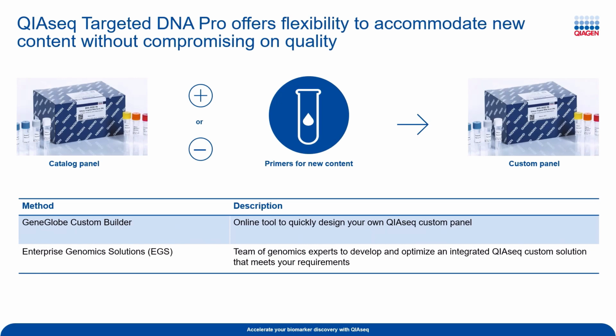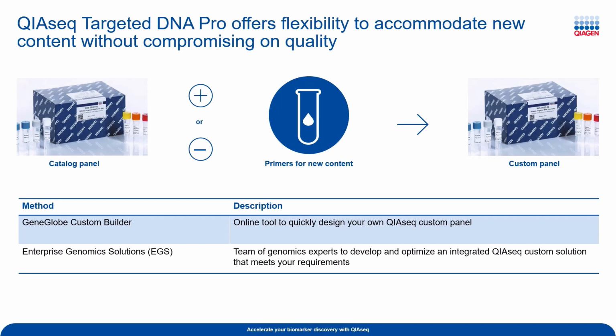QIAGEN Targeted DNA Pro also offers flexibility to accommodate new content without compromising on the quality of the data produced from them, as we saw in Dr. Bulfoni's work. There are two ways of creating a custom panel. One way is through the GeneGlobe NGS Custom Builder, which allows you to create your own custom panel with their default primer design parameters.